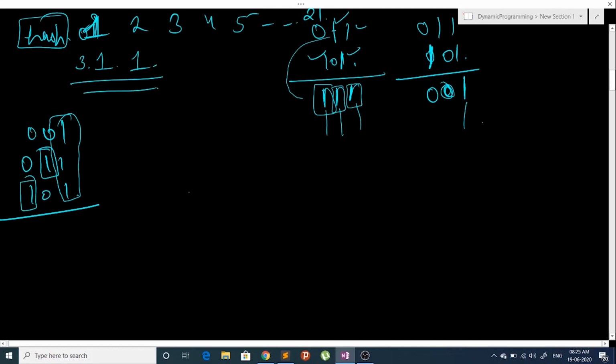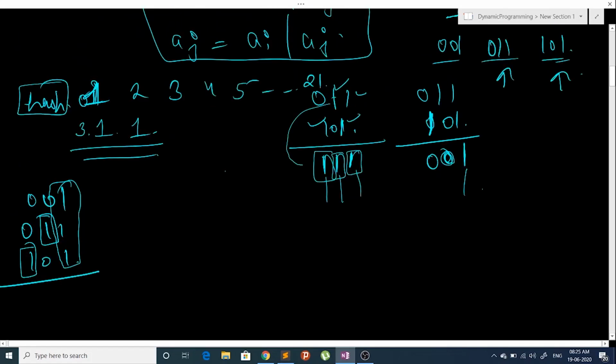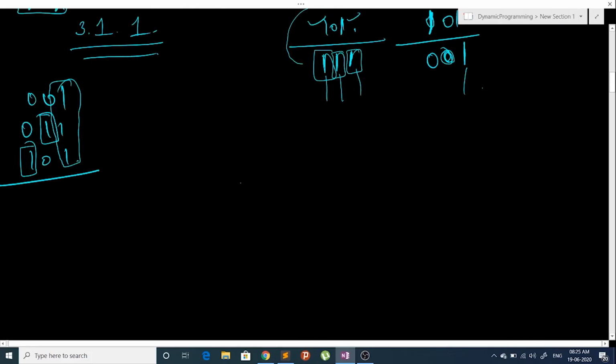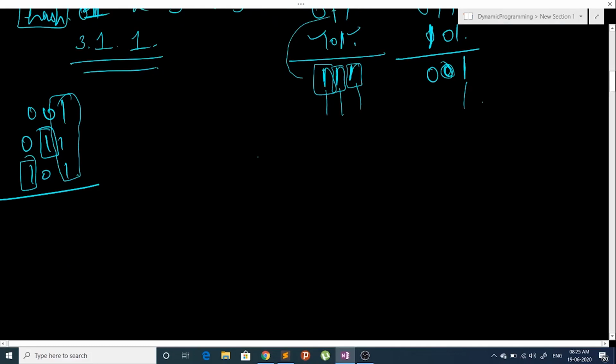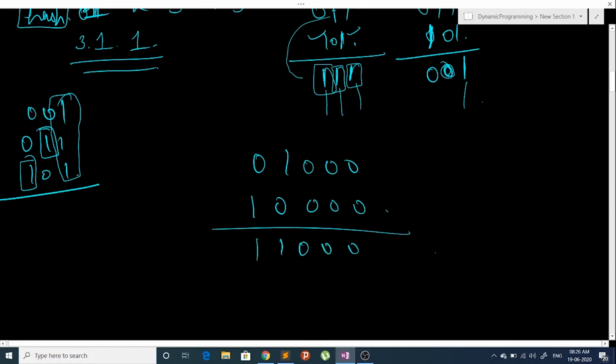Now what can I do with this? I will see it in an example. Let's say I have 0 1 0 0 0, and here I have 1 0 0 0 0. Now if I do the OR operation here, I will have 1 1 0 0 0, and after doing the AND operation I will have 0 0 0 0 0.